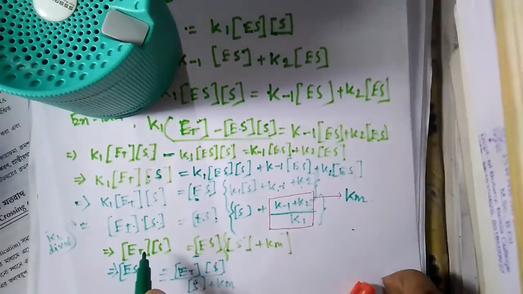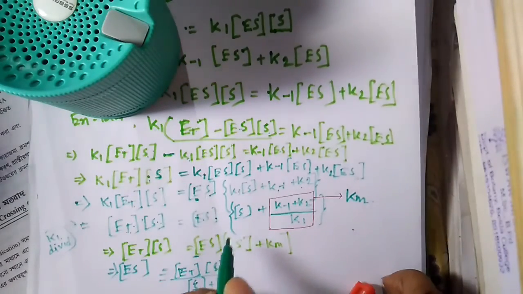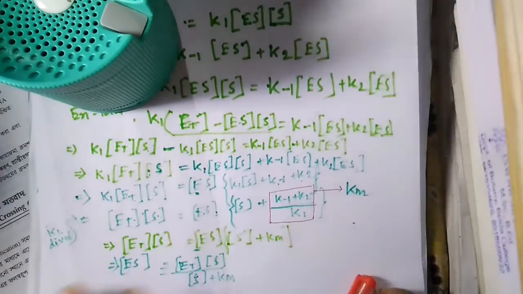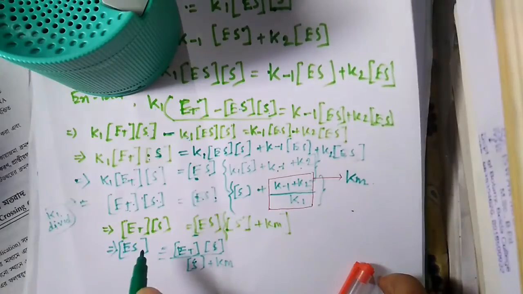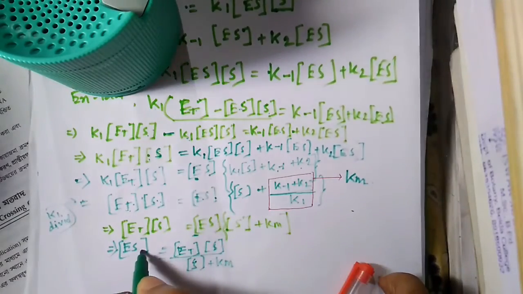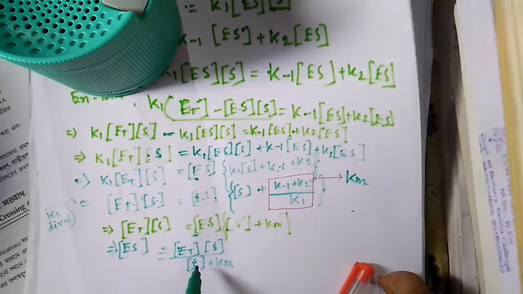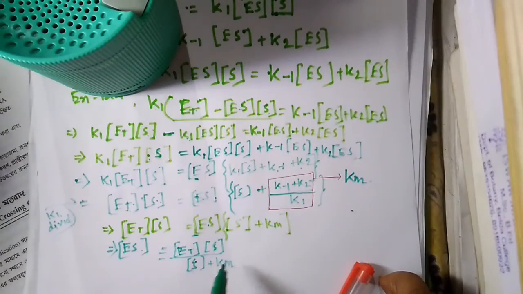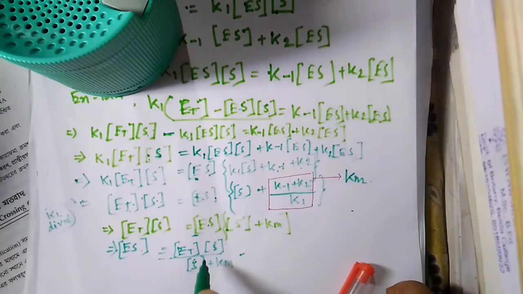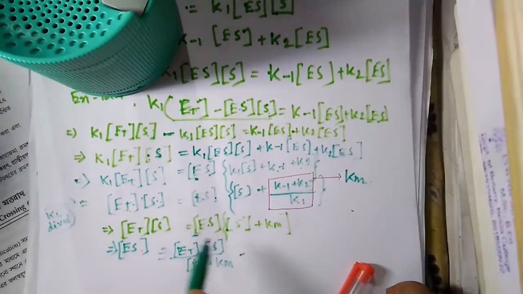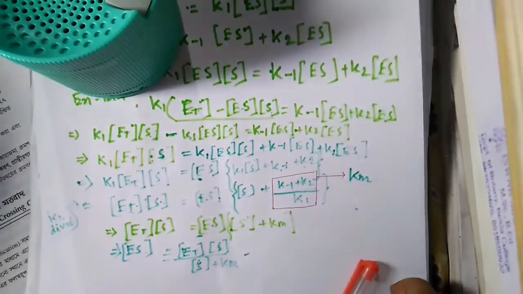So ET S is equal to ES times (S plus Km). Now ES is equal to ET S by (S plus Km). This is the equation by arrangement and division by K1.